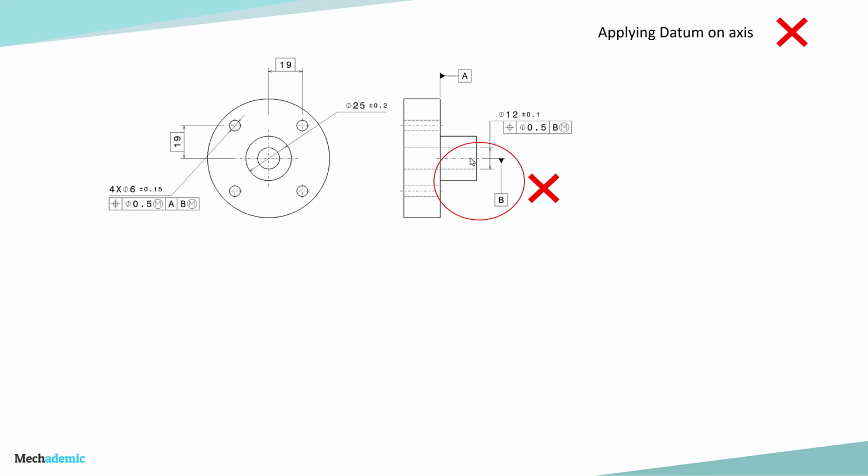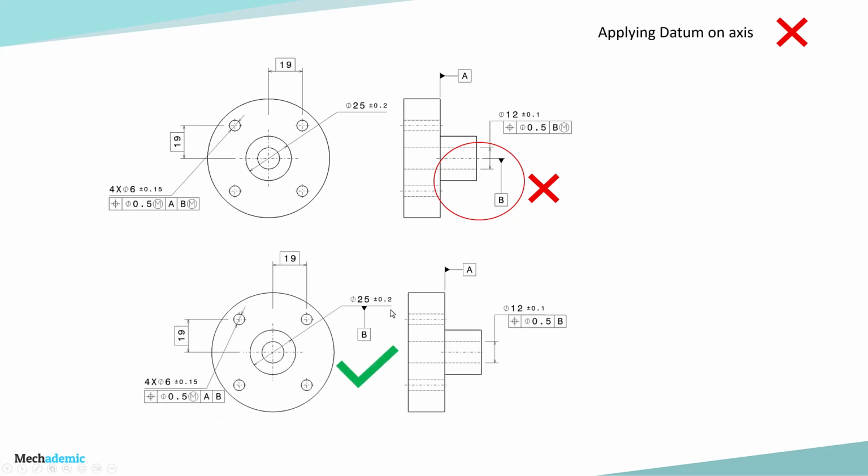If the meaning is that it is being controlled with the outer feature of size, then that has to be clearly mentioned in the drawing. That is the rule in GD&T: when a datum is for a feature of size, it should be attached to the size dimension of the feature of size.